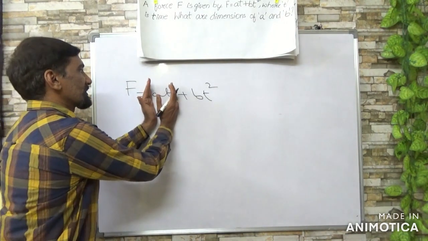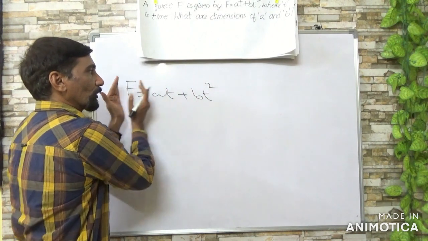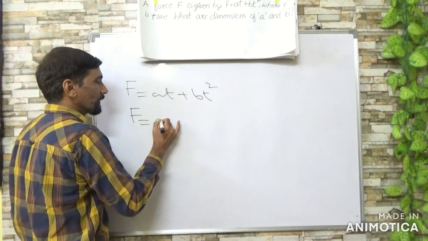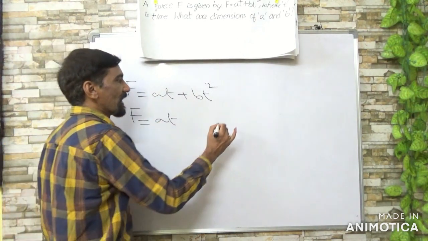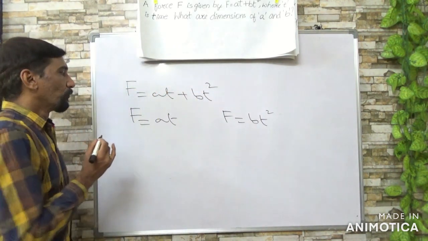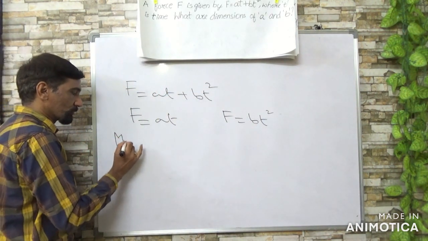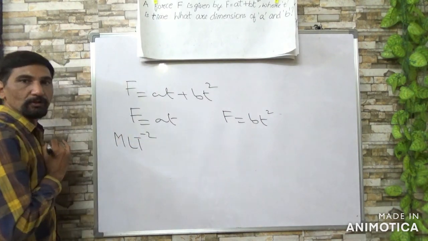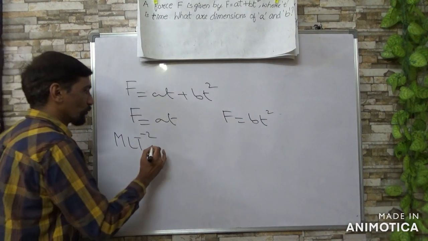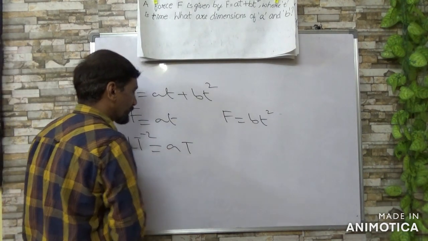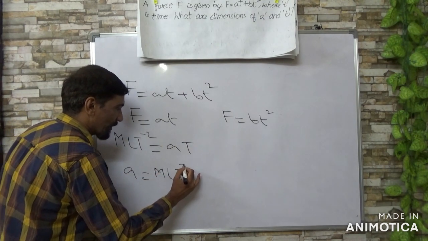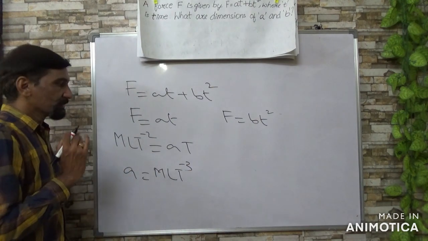Okay, so this is equal to force, this is also equal to force. Now, so F equal to AT, okay, F equal to BT square, right? Force, mass into acceleration. Okay, it's a dimension formula, MLT power minus 2, which is equal to A into T, then A becomes MLT power minus 3, right?